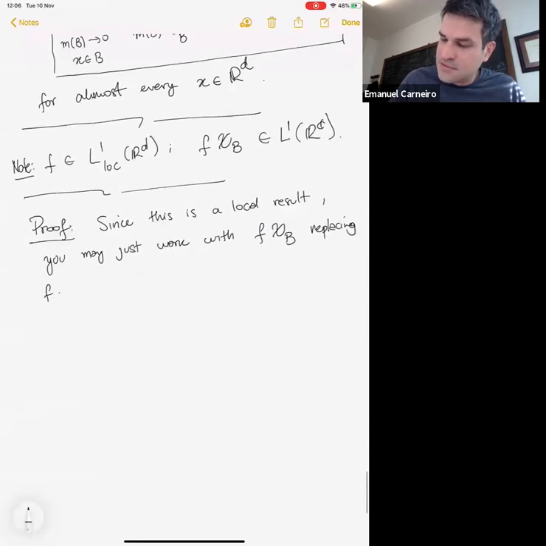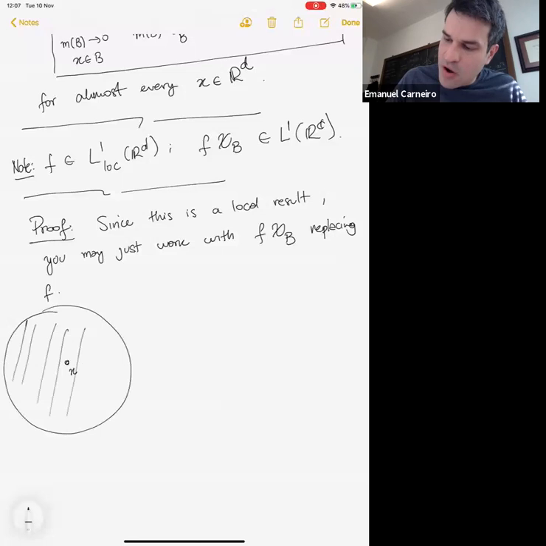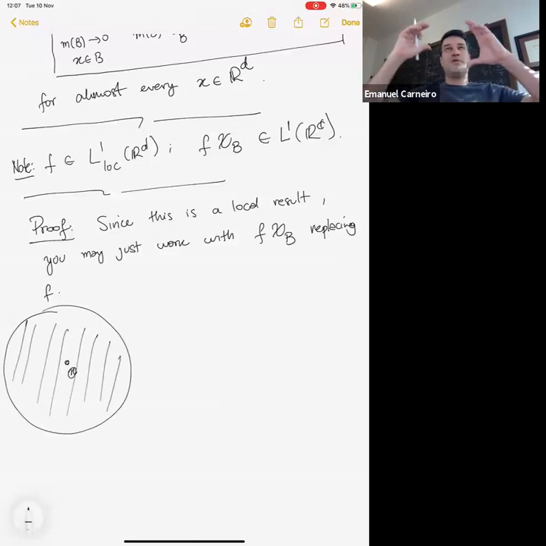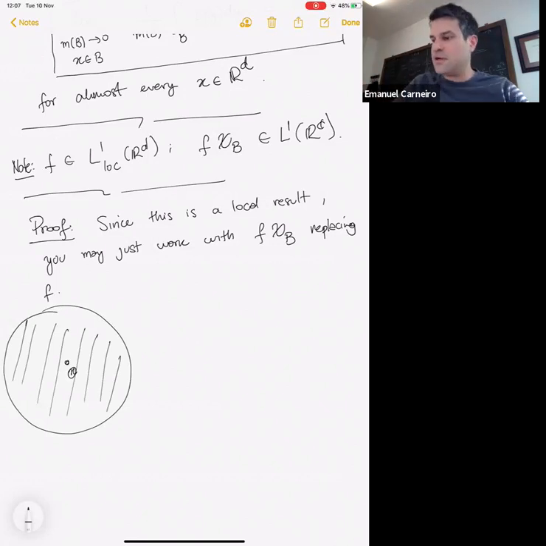In other words, if you are around a point and you want to understand what happens here, you can just look at the big ball around that point. Let's say this is the origin, just take a big ball and consider f times the characteristic function of this ball, replacing your original f. So you don't care what your function does outside this ball. You won't take big averages anyway.